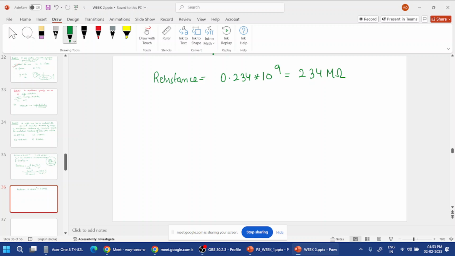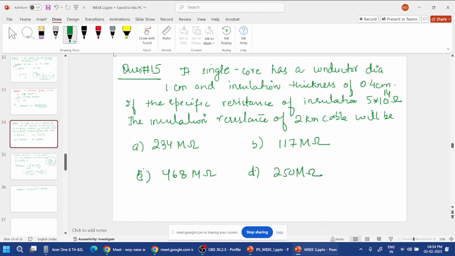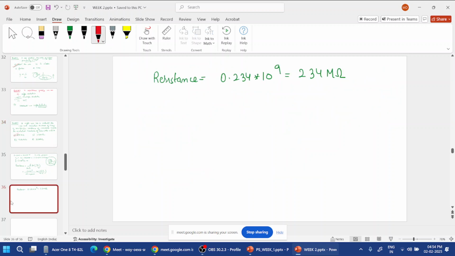So the correct answer will be A, 234 mega ohm. I hope you have understood this. If you have any problem in this question, you can ask me right now.